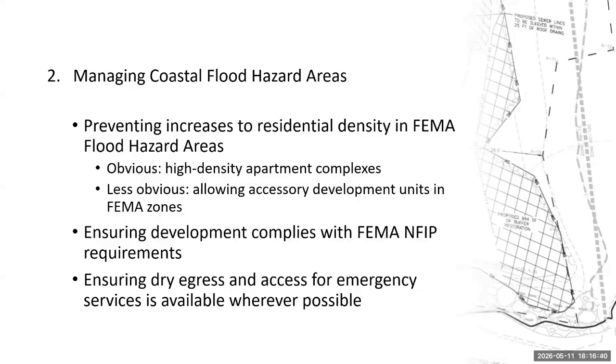kind of the 30,000-foot view, where we want to make sure that we're not setting the stage for inappropriate multifamily development in flood hazard areas, especially if there's no opportunity for dry egress for evacuation or for first responders to get to properties.